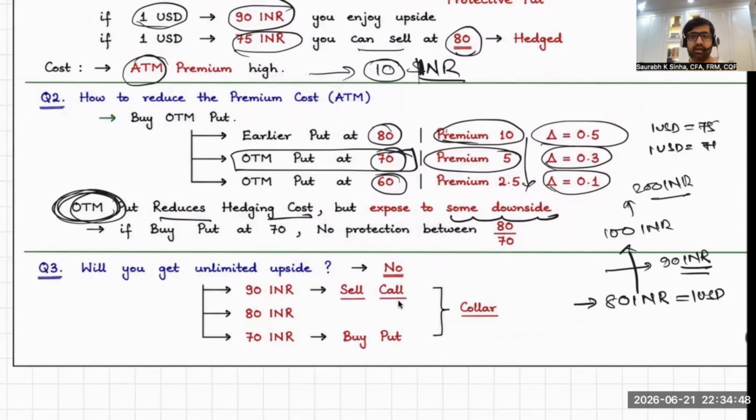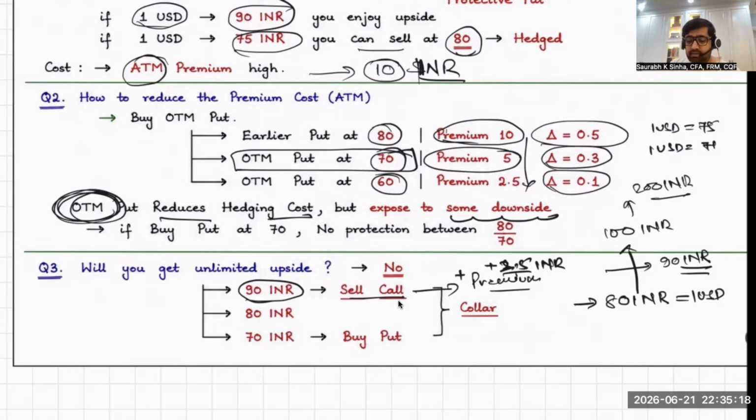Okay. So for 90 INR, you can simply sell the call. I'm selling the call because if I sell the call at 90 INR, then I'll receive the premium back because I'm selling the option. If you sell the option, you receive the premium. So you're receiving the premium. See, the premium is only, say, 2.5 INR. No problem. But you're receiving a premium.